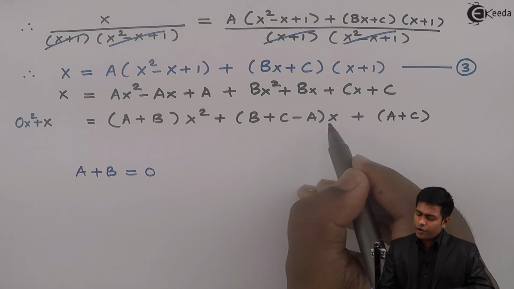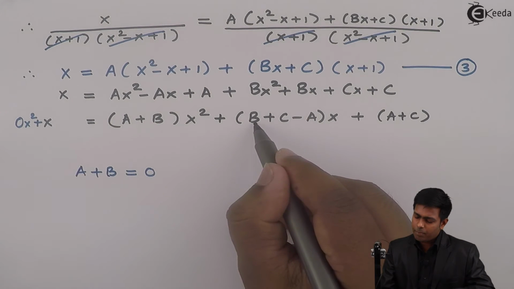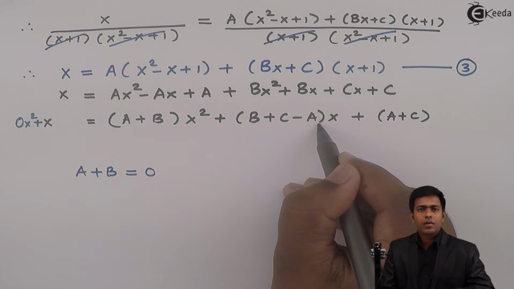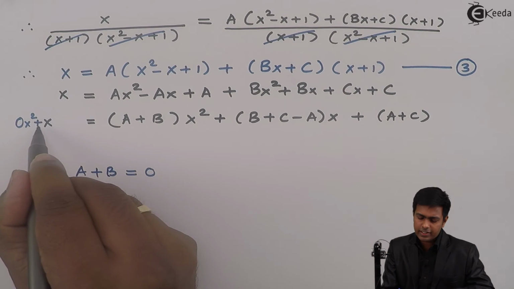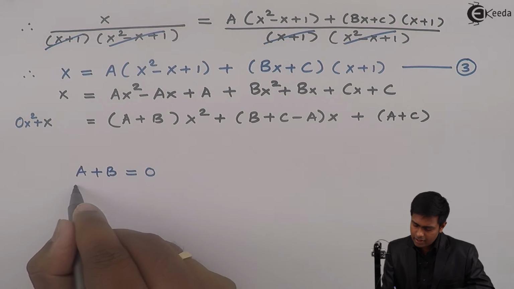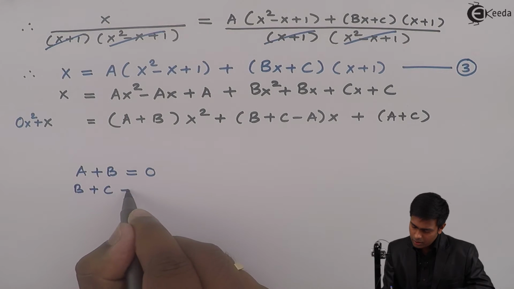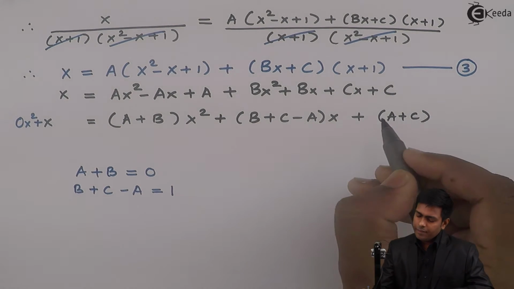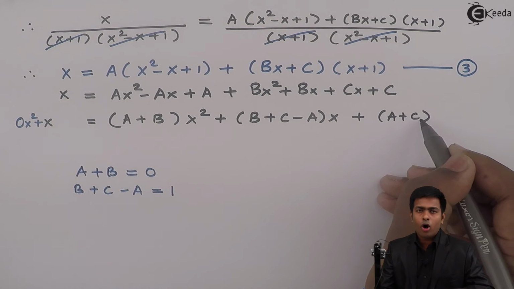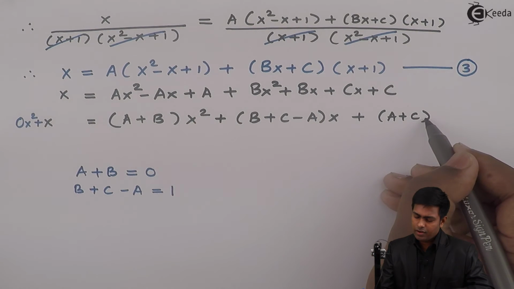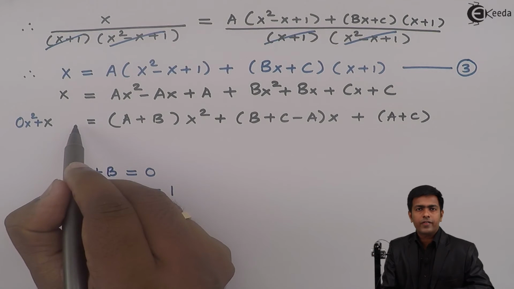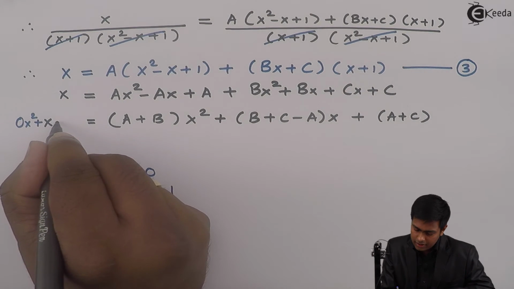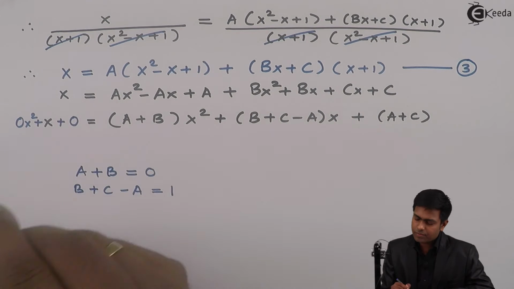Next, the coefficient of x on the right hand side is b plus c minus a, whereas the coefficient of x on the left hand side is 1. So I can say that b plus c minus a is equal to 1. Next, the constant term on the right hand side is a plus c, whereas there is no constant term on the left hand side. So I can say that the constant term is 0.